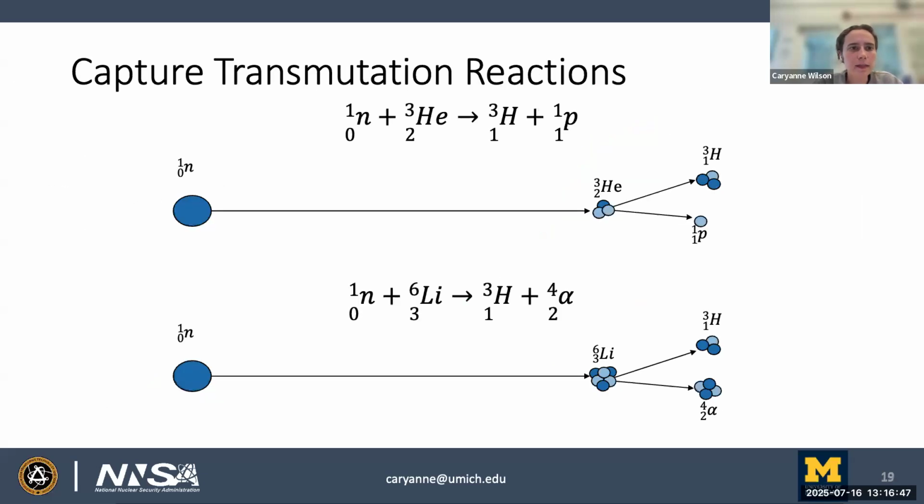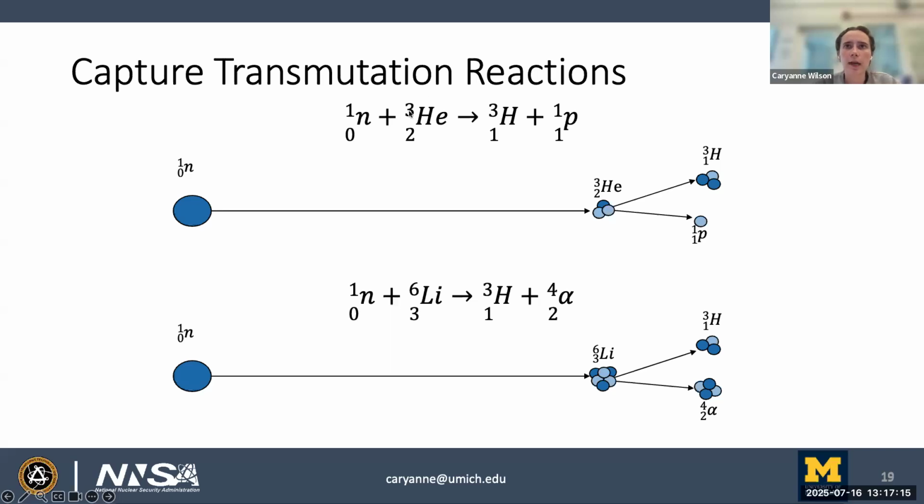So for the next type of reaction, we're talking about capture transmutation reactions. So this is what a lot of capture-based detectors are based off of, where an isotope will capture a neutron and then transmute into another isotope and a charged particle.